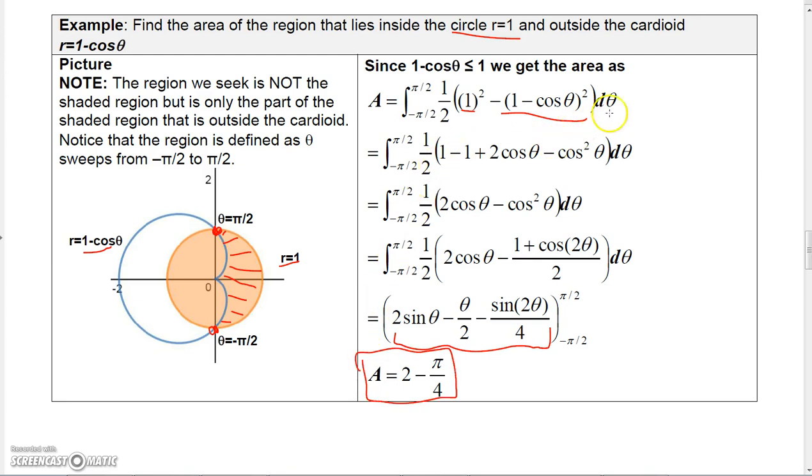And again, the hardest part is probably setting up the integral. Even though evaluating the integral takes a bit of work, you should be a pro at evaluating integrals at this point. You can freeze the video if you need to and work through my math. If I made an error, let me know. But see if you can get the answer that I got, 2 minus pi over 4.